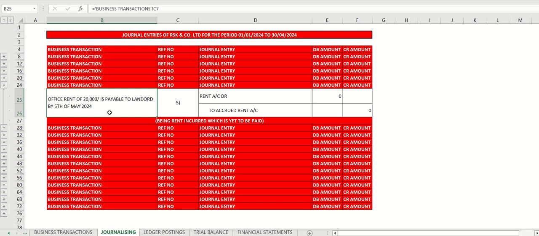However, the rent is to be paid on 5th of May, which means the rent is incurred but is yet to be paid. So the concept of accrued expense arises. The rent has been incurred but is yet to be paid.